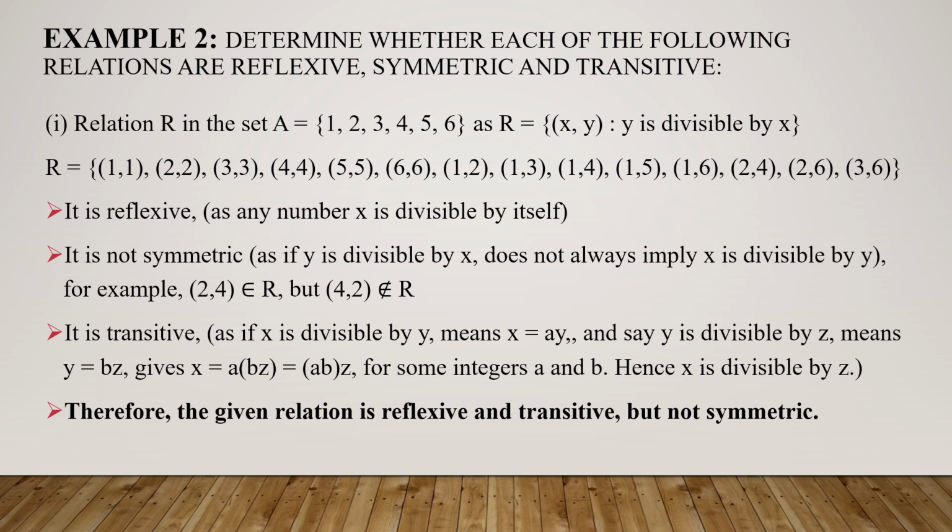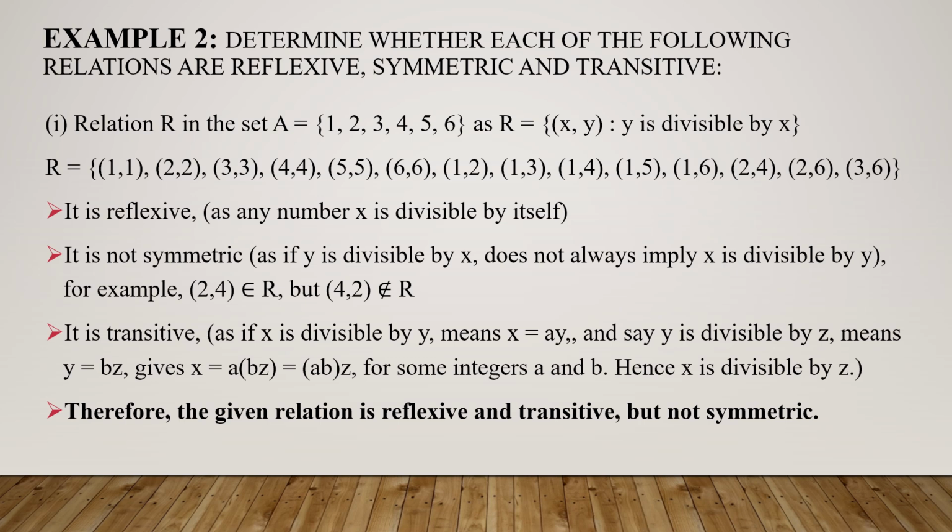It is transitive. Why? Let us check it out. In general terms, if I say X is divisible by Y, what do I mean by that? X can be written as some A into Y. Correct? For example, say 6 is divisible by 3. Then I can write 6 as 2 into 3.